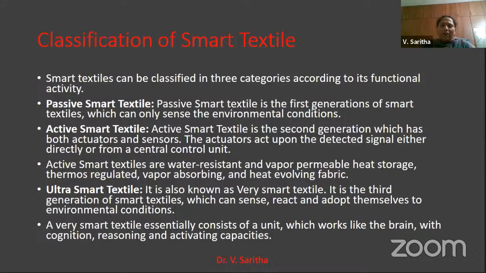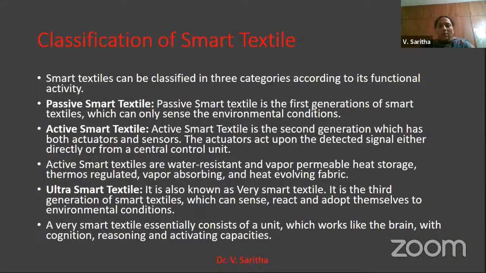This is a very basic one, introduced when smart textiles were first coming. The passive smart textiles are only able to sense the environmental conditions, whether it is chill or whether it is too hot. Only these kind of things are being sensed.